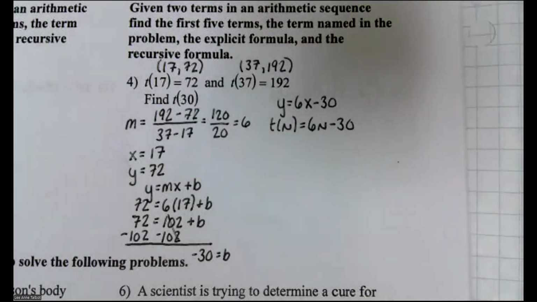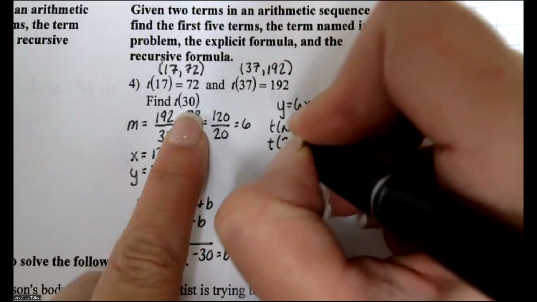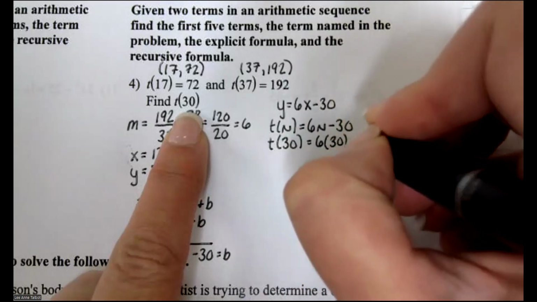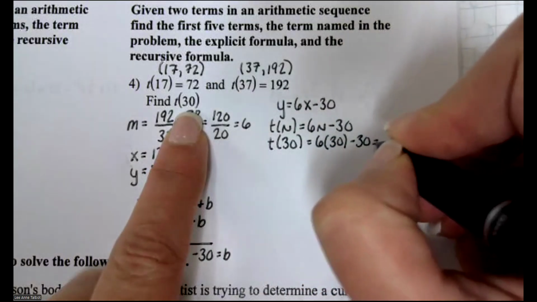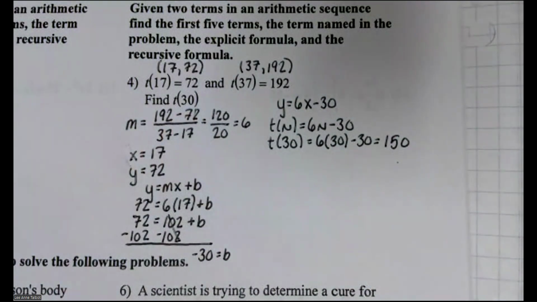I just found the explicit, that's it. Oh, I also need to find T of 30. Okay, so term 30 is 6 times 30 minus 30, which is 150. So the 30th term will be 150.